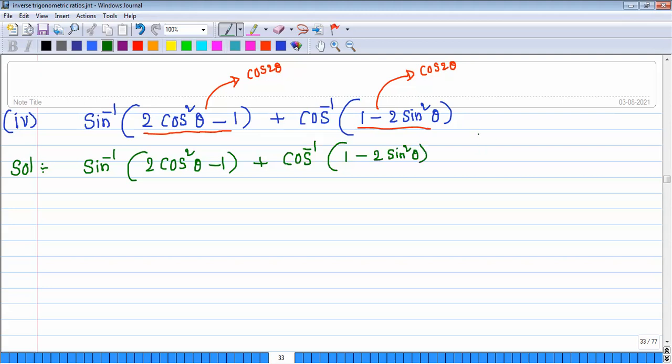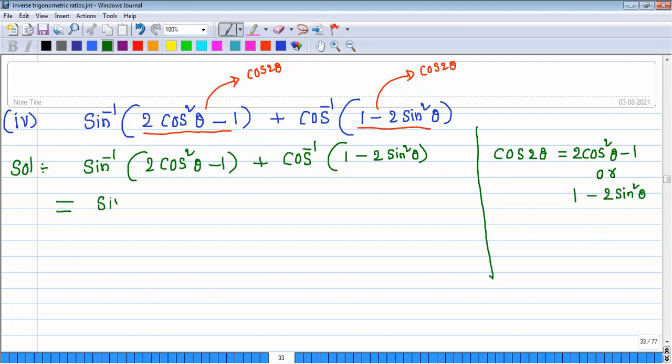Okay, my dear students, remember cos 2 theta equals 2 cos square theta minus 1 or 1 minus 2 sine square theta. So we can have sine inverse cos 2 theta plus cos inverse of cos 2 theta.